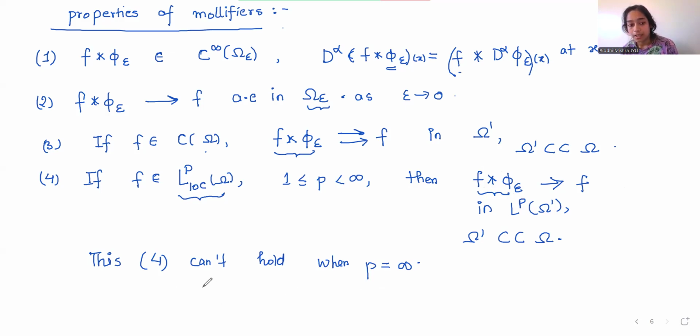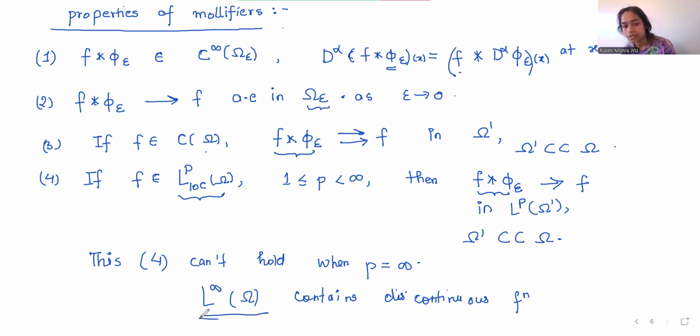But here L infinity of omega contains a lot of discontinuous functions. So if you choose any discontinuous function, you cannot approximate it with a uniform convergence of continuous functions, because the limit cannot be discontinuous under the uniform convergence of continuous functions. Does this make sense?